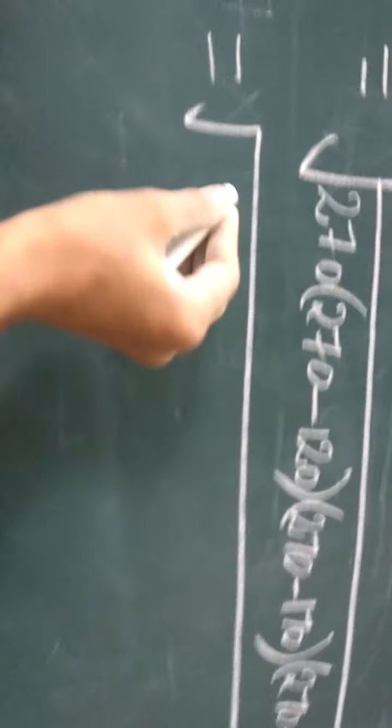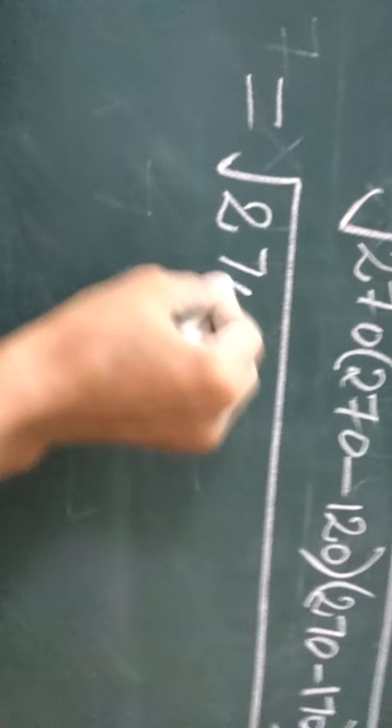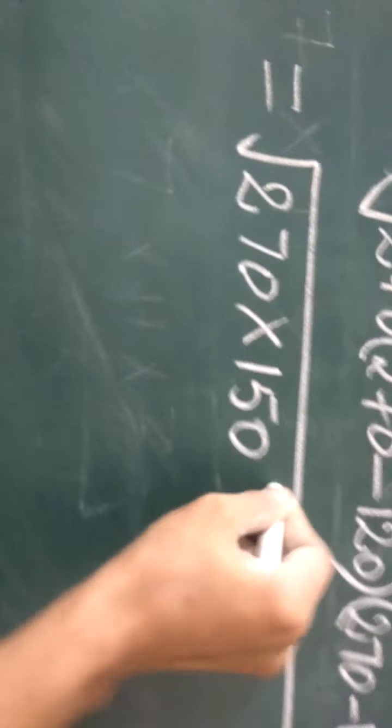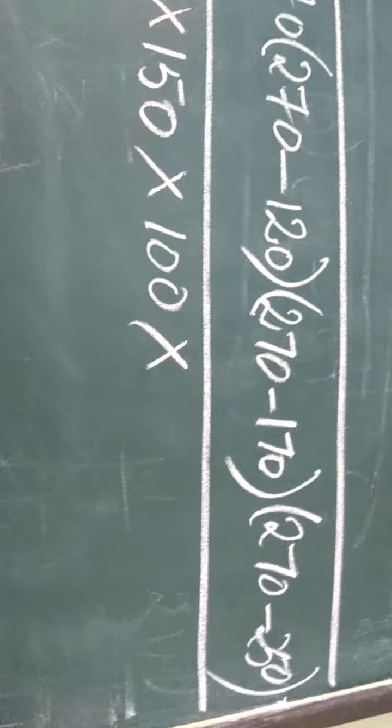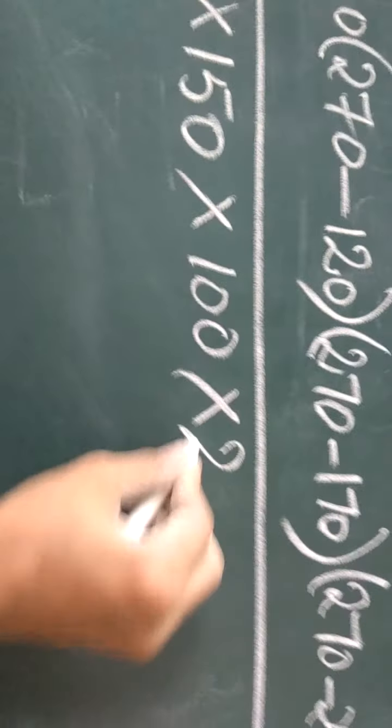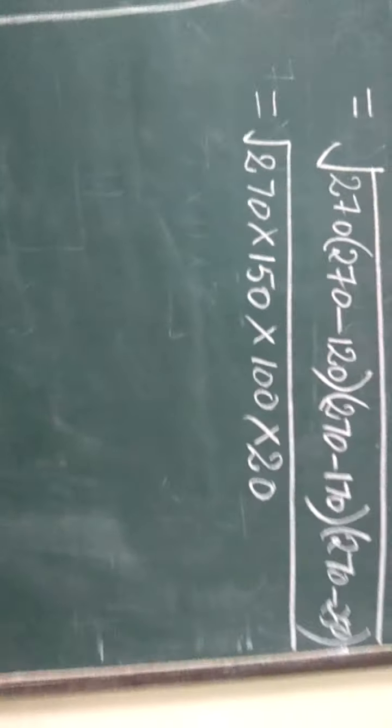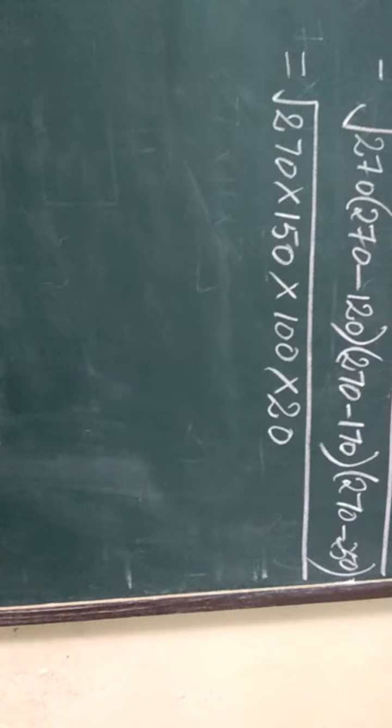So let us solve the square root. 270 into 270 minus 120, how much? 150, into 270 minus 170, what do you get? You will get 100, into 270 minus 250. You will get 20. So dear students, in this way you can get it.